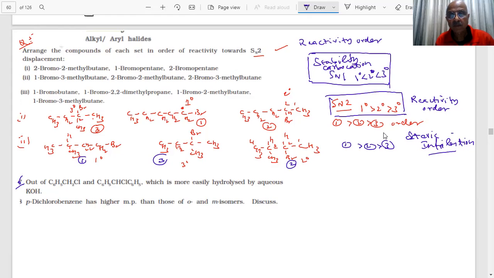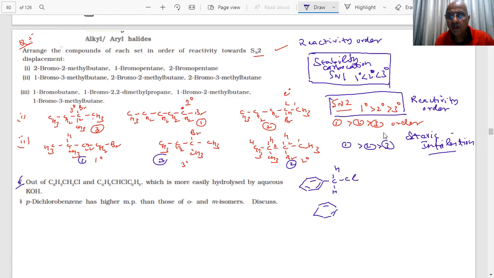Sir, in this question, C6H5CHClC6H5 will be easily hydrolyzed. The second one, what is happening? This is one compound and the other one is the reason. What is the reason for this?